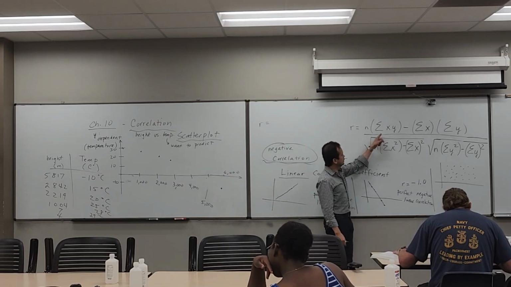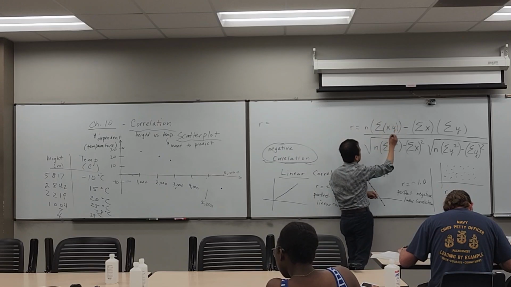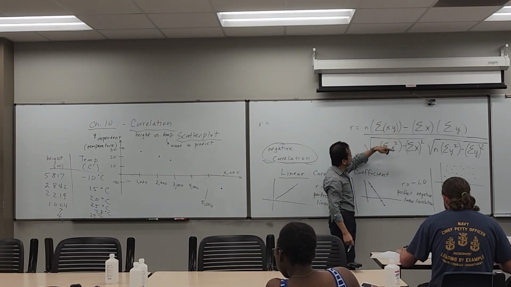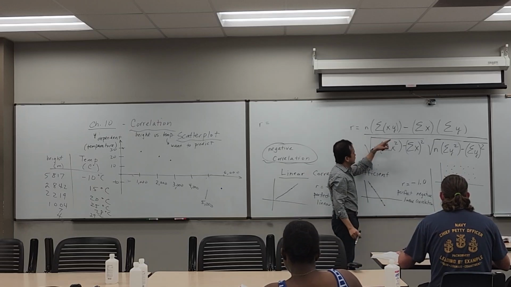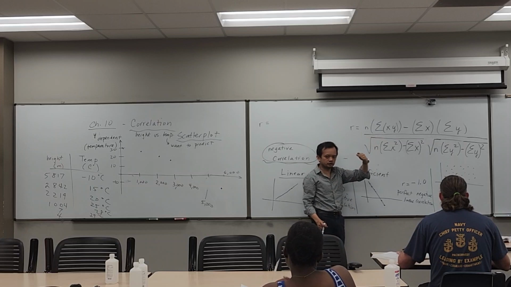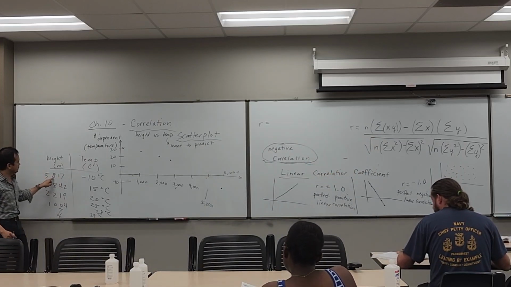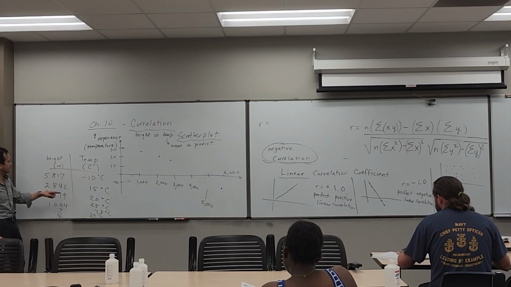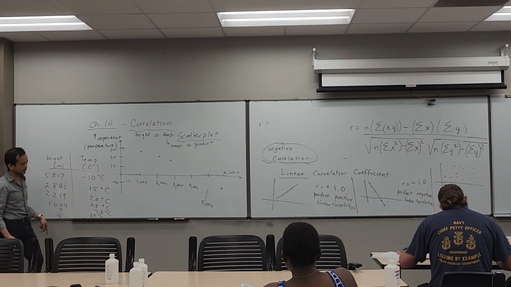And then the next summation is you want to sum up all x times y. So what this means is you would take the product, x times y in each case, and then you would sum all those up. So you would multiply each row together, 5817 times -10, and then add that to the product of the next row, and then add that to the product of the next row, and so forth.